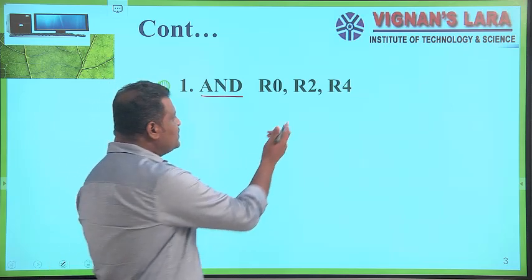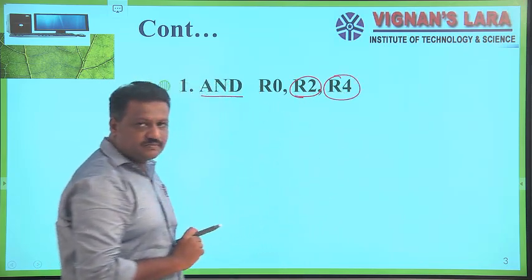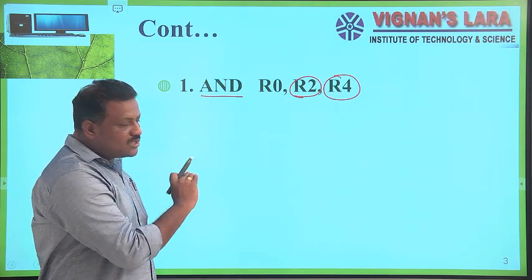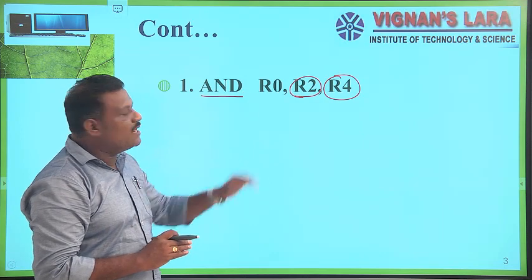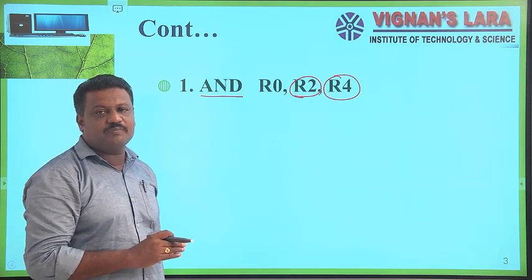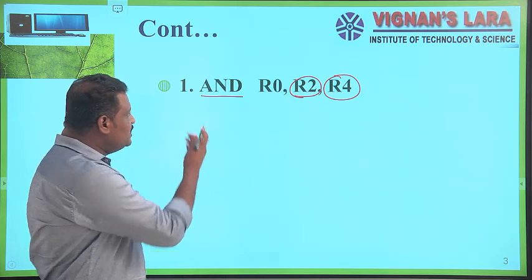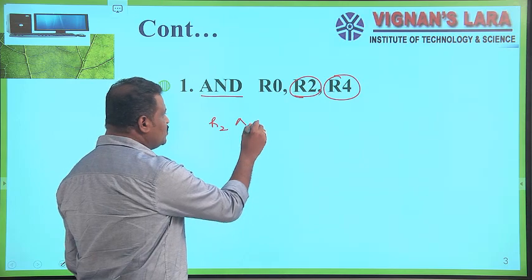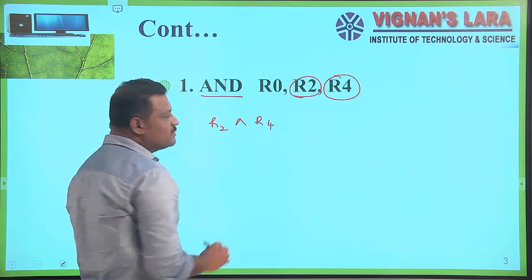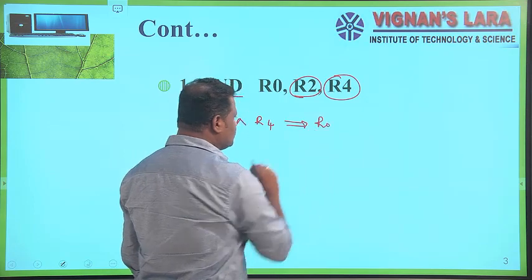Here our source operands are CPU register R2 and CPU register R4. Do logical bitwise AND between the contents of these two registers. At the end, the result is copied into another CPU register R0. The meaning of this is: R2 content is logically ANDed with R4 content, and the result is transferred to R0.